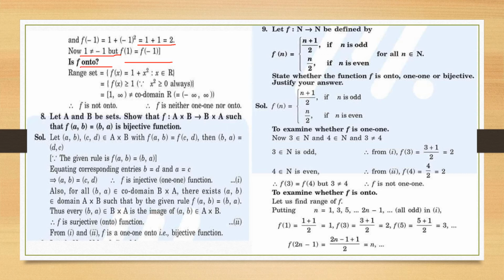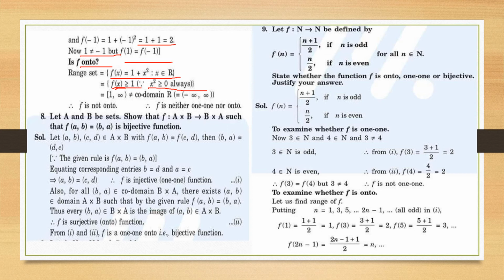Ontoness: the range set is f(x) = 1 + x², x belongs to R. Now you see this is a positive number, because x² is greater than or equal to 0, and adding 1, the result is always greater than or equal to 1.